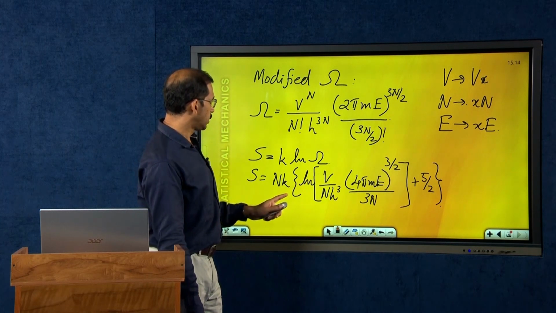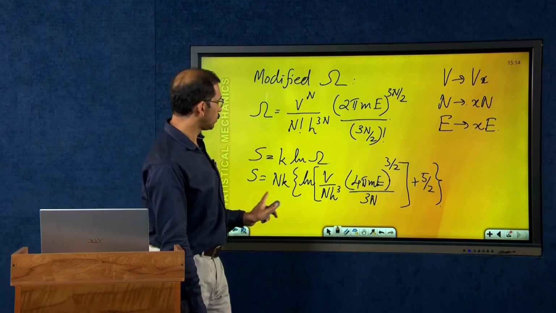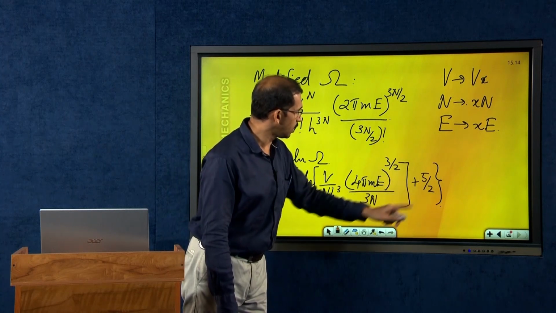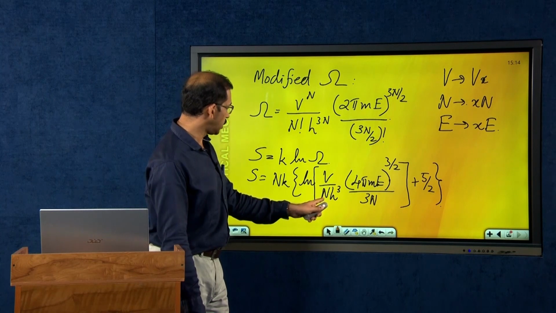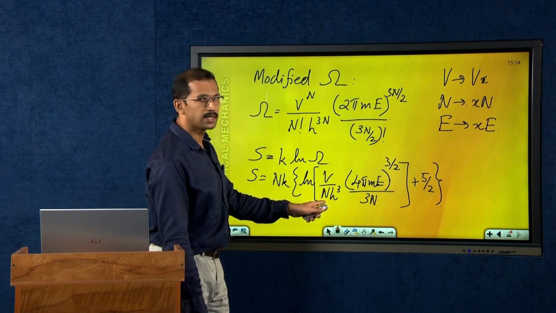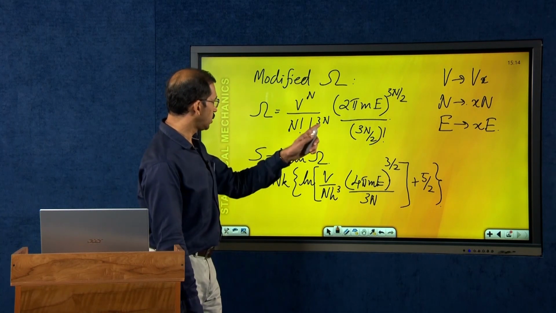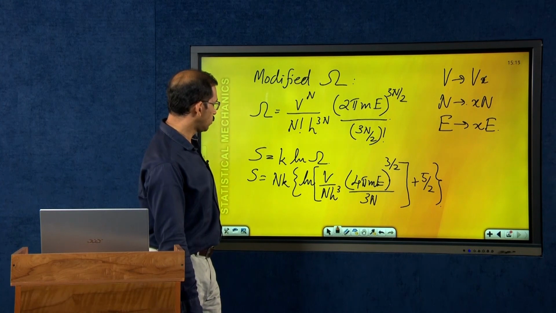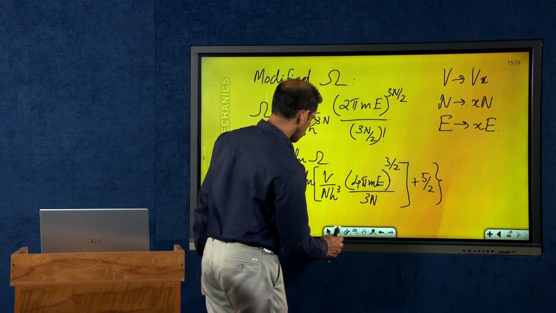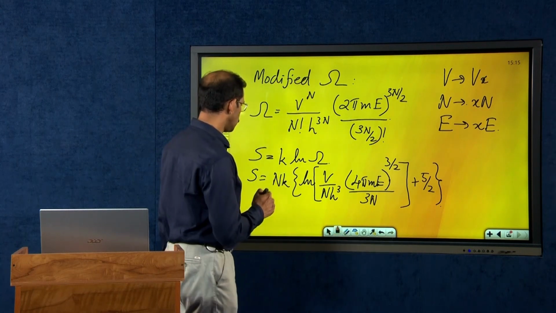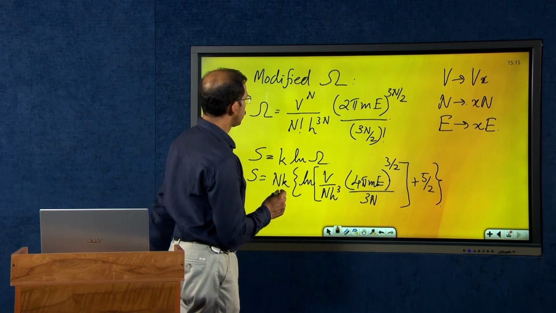If you remember, earlier, without modification, our S was having plus 3 by 2. Instead we have to have the 5 by 2 over here, and in the denominator we now have an additional n. So, while substituting, we have to be careful that we do not miss any of those things. So, let me try to correct it over here itself.